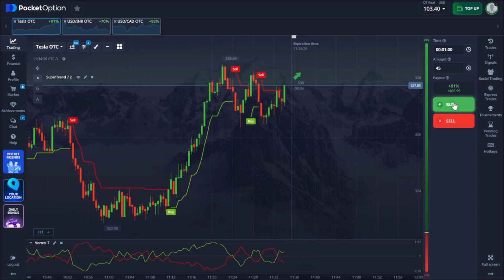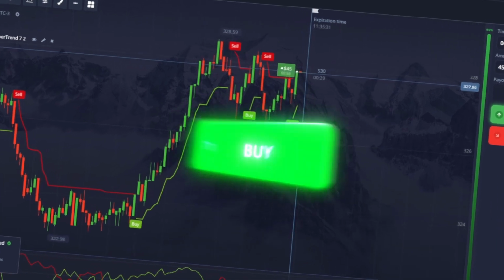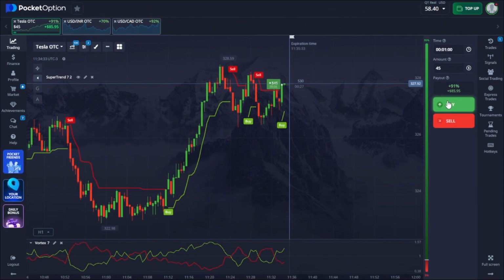When I have it, I will take it and explain it, okay? So I have it right here. Just almost the same situation: the Vortex crossing the green line with the red one, along with the SuperTrend. That's pretty good. I had red candles at that point, and it was a good option because in that case I'm in favor of the trend. I'm not going against it.